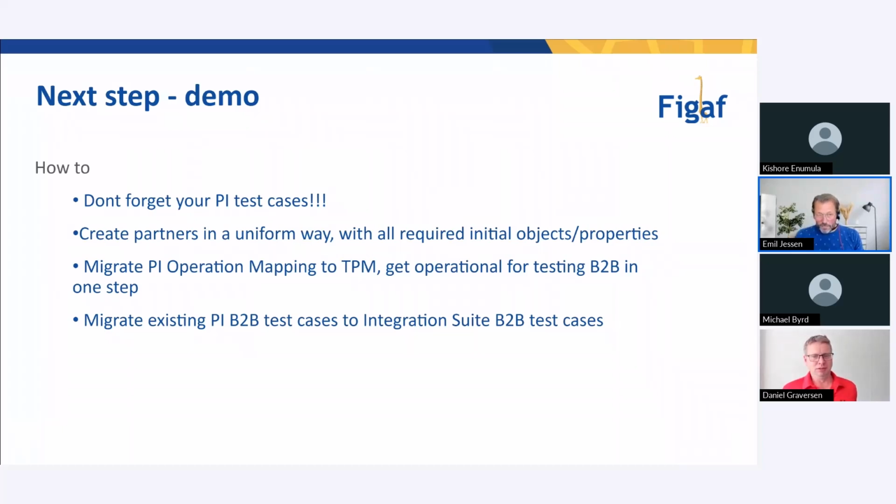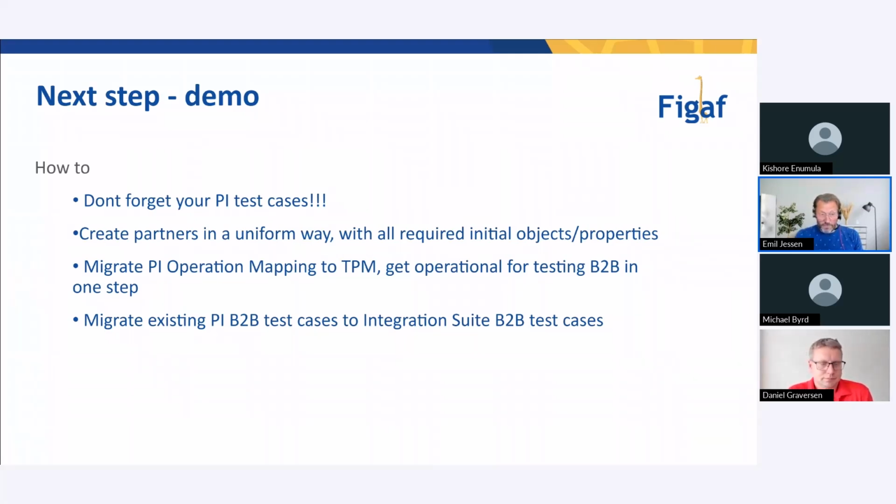I won't talk too much about it, but there are, we think, a lot of problems and challenges with the transport of this, especially if you're planning to have a 3-layer system with development, test, and production. We are working on something, but it's difficult. We have thought it through, and it's important that when you create your partners, you get all the objects you're going to need, also when you start moving from development to test to production.